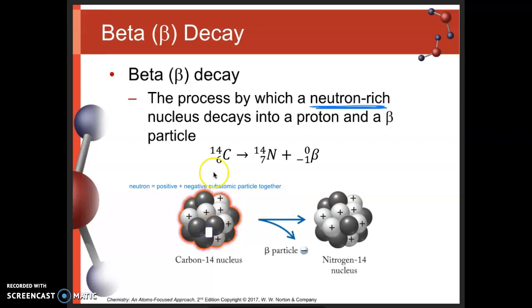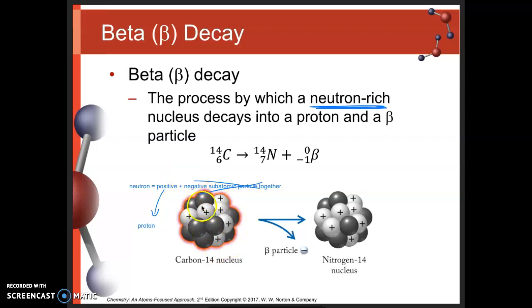And so if we lose that negative subatomic particle and that little bit of mass that would come with it, then what we have is a positive subatomic particle. That positive subatomic particle with the mass of a neutron, essentially, we would call a proton.